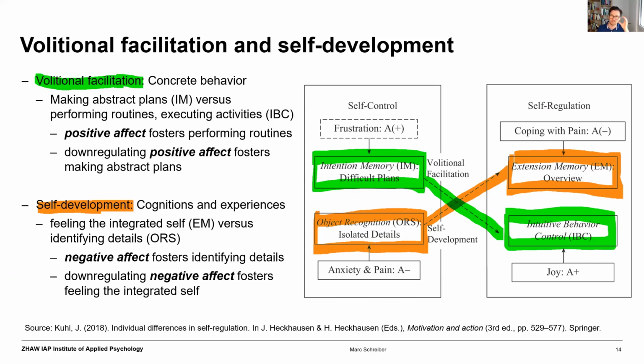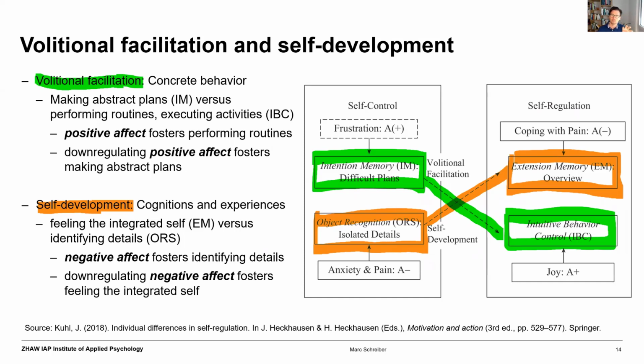into the details here. Volitional facilitation is about intention memory, so it's about making abstract plans, and it's also about intuitive behavior control. So it's about performing routines and executing activities. And if we have a look at career development, there are career counseling clients, they make plans and they try to implement their plans in order to co-construct their life portraits.